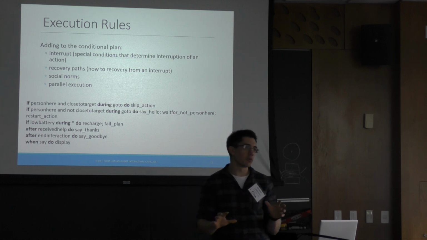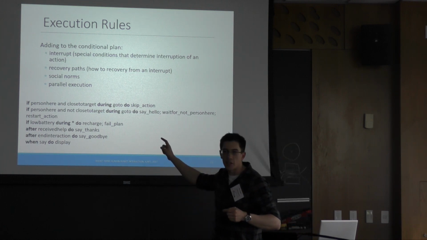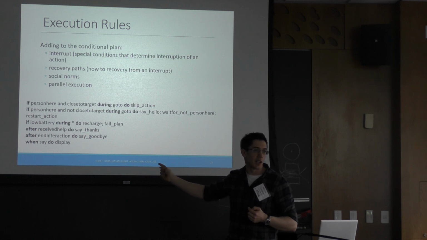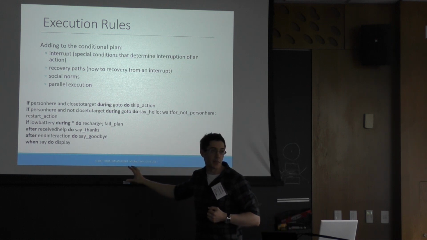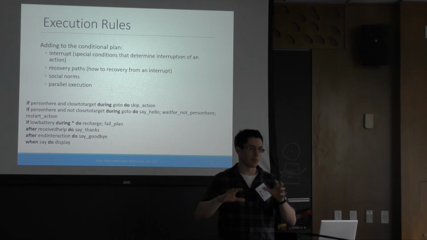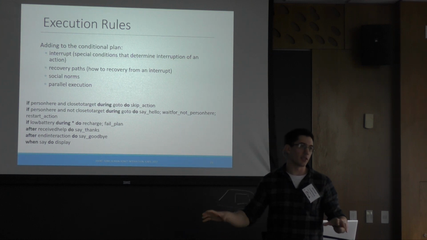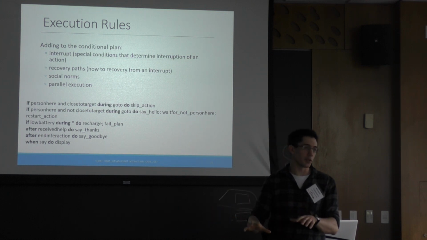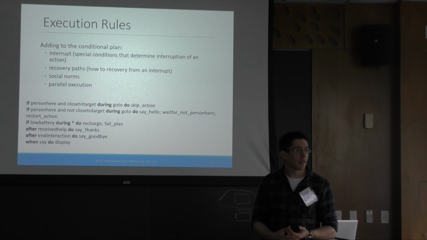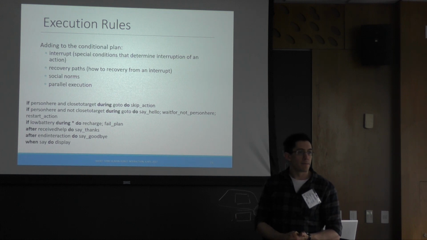There are two main advantages. The first is it's very quick to write these recovery procedures, and it's very easy to change them, whereas sometimes things can get lost in the C++ code, and it's more difficult to change. But if a situation arises that you don't have in your execution rule, what would happen? Does the robot know how to recover in that case?